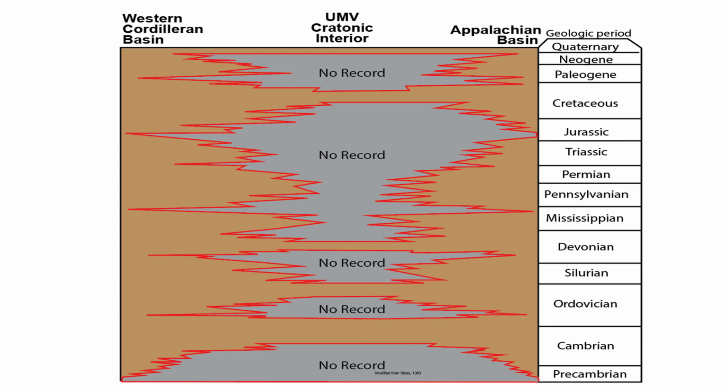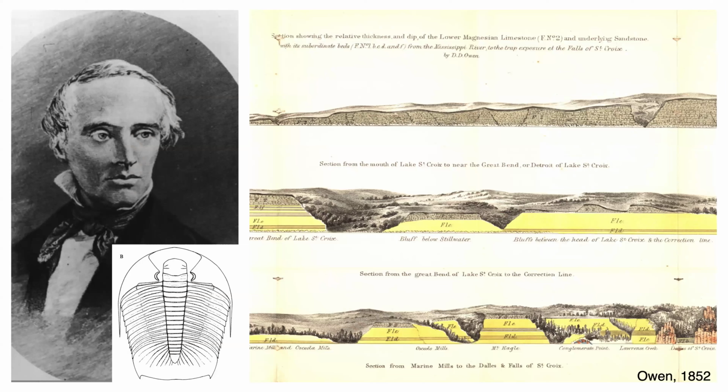And in the stratigraphic record of North America, the Cambrian is one of the best times for a record in the interior. So I started off my work, next slide please, in Wisconsin and Minnesota, following the absolutely beautiful work done by this gentleman, David Dale Owen, the son of Robert Owen, who founded the New Harmony community in Indiana in the 1820s.